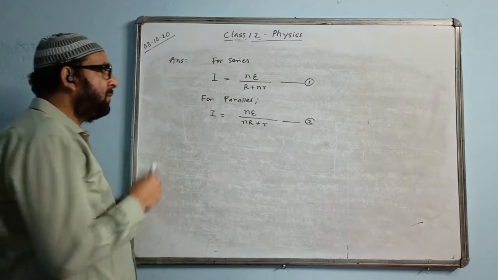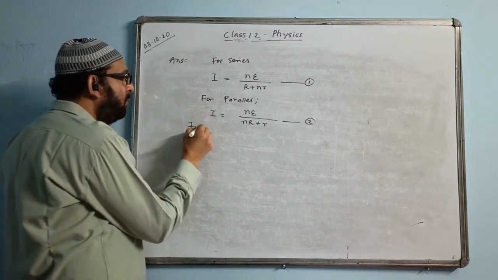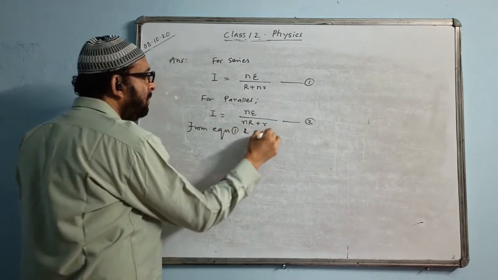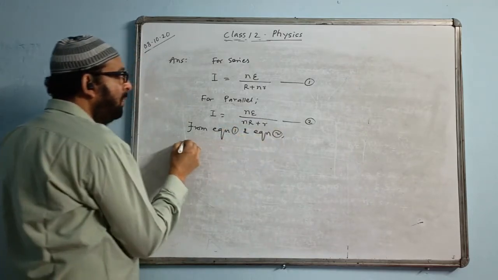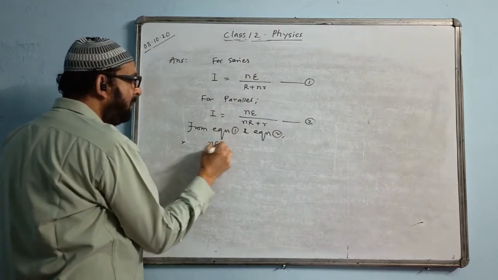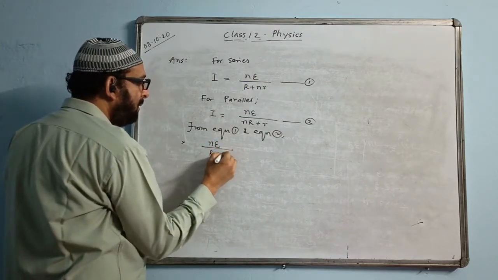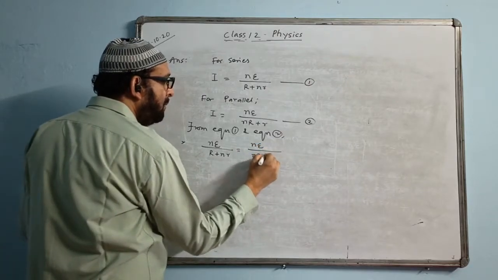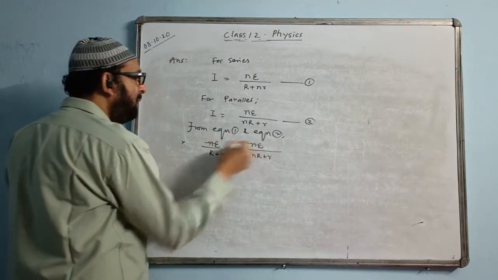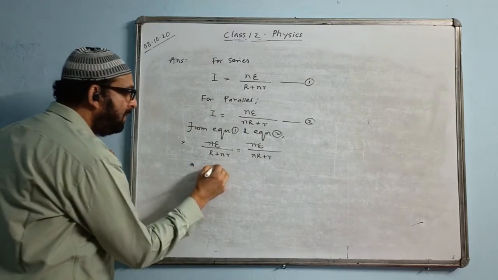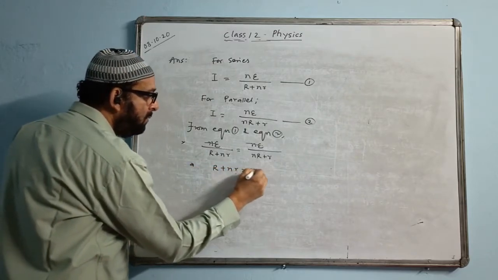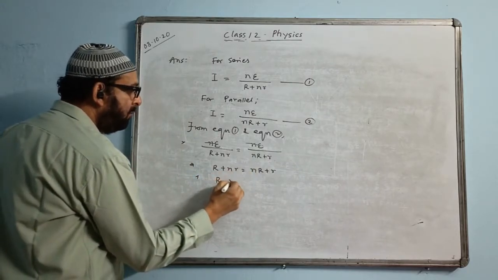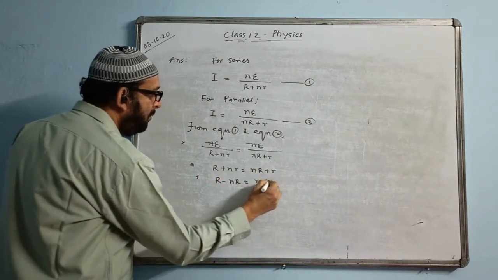Current is the same, so from equation 1 and equation 2, equating them, nE by R plus nr is equal to nE by nR plus r. Cancel nE and nE. Here we get R plus nr is equal to nR plus r. Keep capital R on one side and small r on the other side.